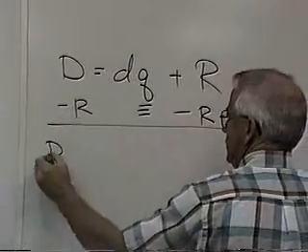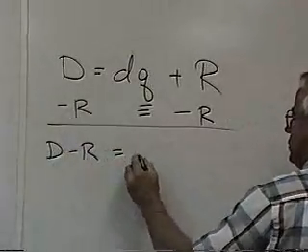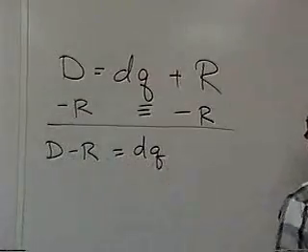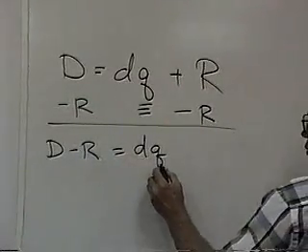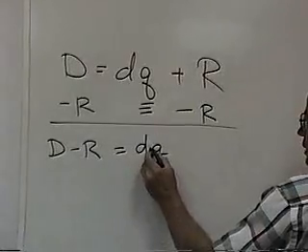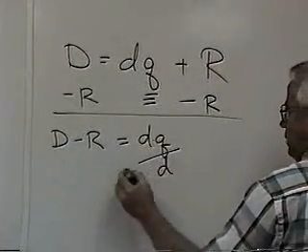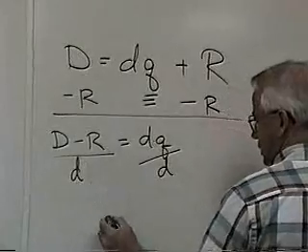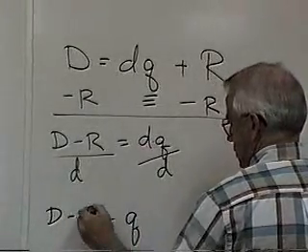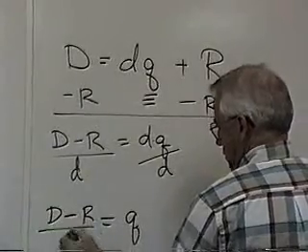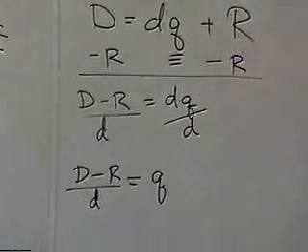Right, so this is d minus r is equal to d times q. Now we're solving for q, and how's d and q connected? By multiplication, so we'll divide both sides by d. So q then is equal to capital D minus capital R divided by small d.